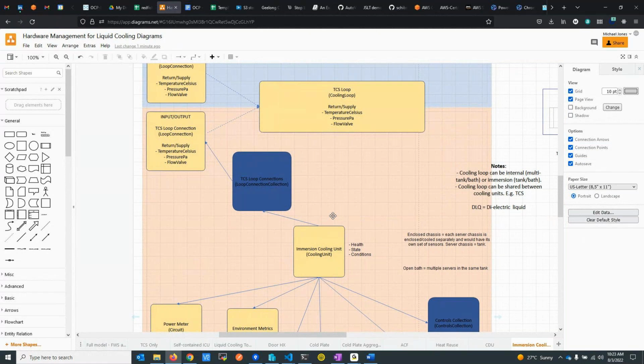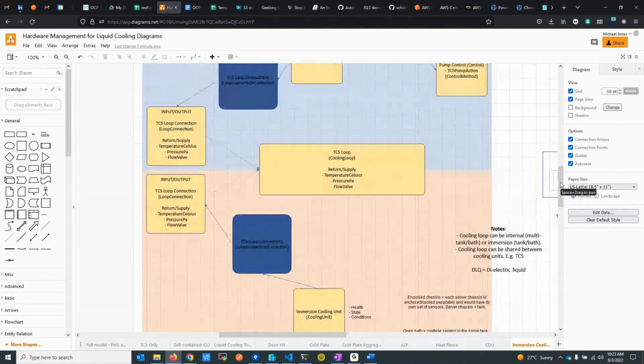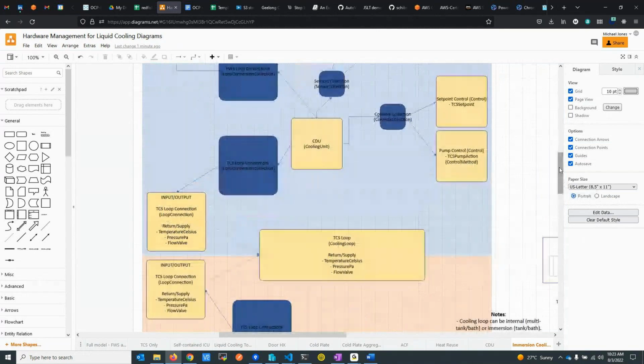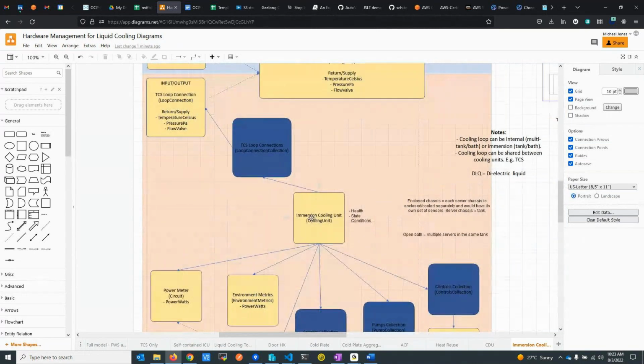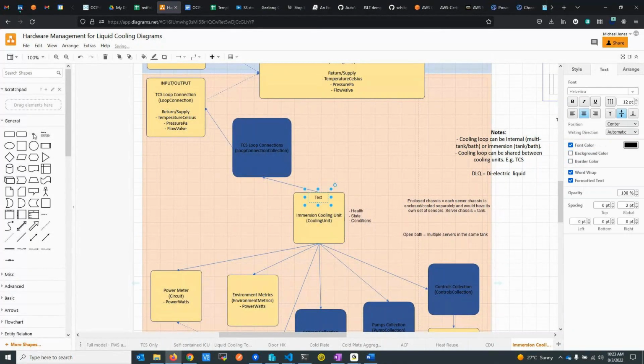So what we're saying is for the enclosed chassis, the CDU would be feeding multiple immersion cooling units, and each of these immersion cooling units is a server chassis essentially. Yes, that's correct. And they are connected hydraulically to the CDU through a manifold. So it is similar to the cold plate rack. Oh, okay, that manifold has come back into the picture again. Okay, I got it.